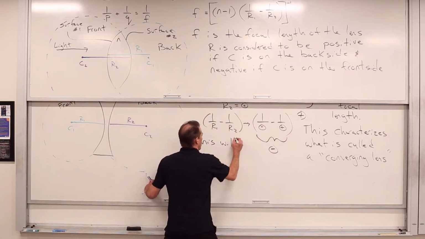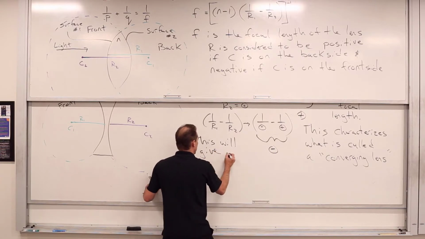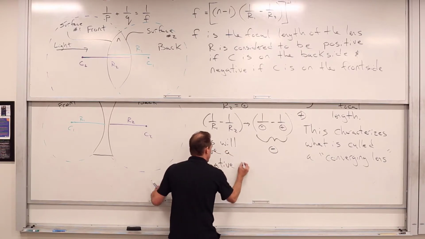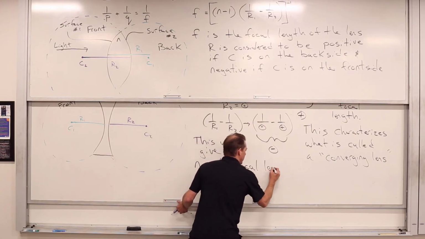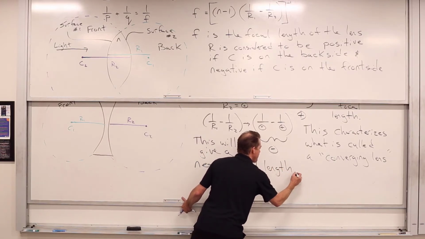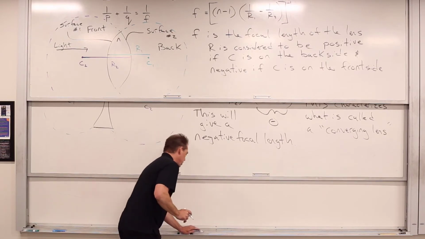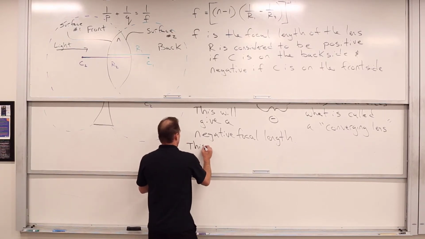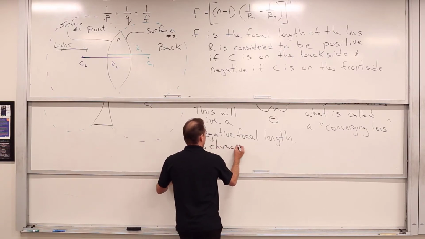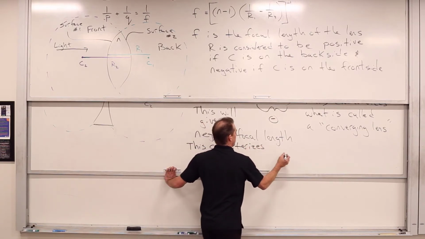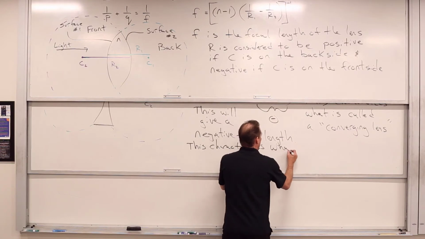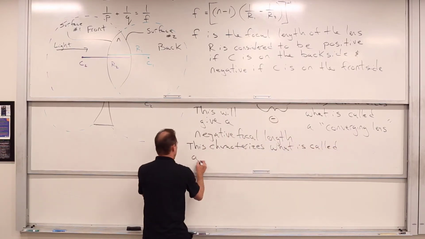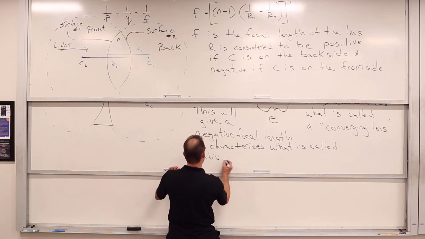This will give a negative focal length. This characterizes what is known as a diverging lens.